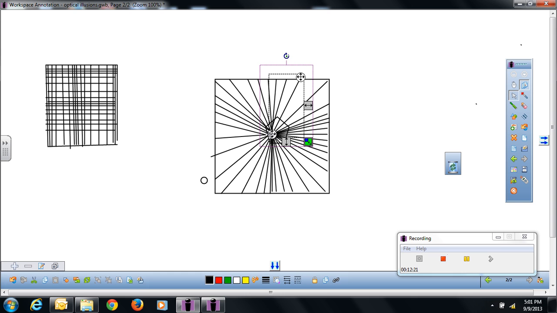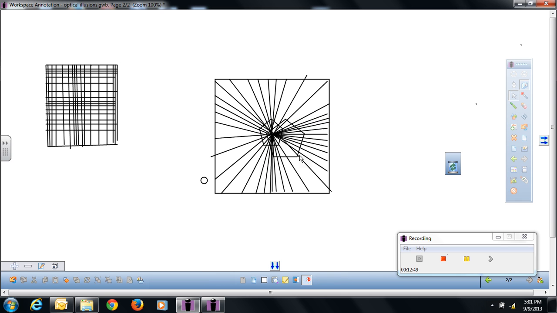Probably better if it was a little centered here. Here's my line. So you can make these shapes radiate from the center. So you pretty much get the idea.